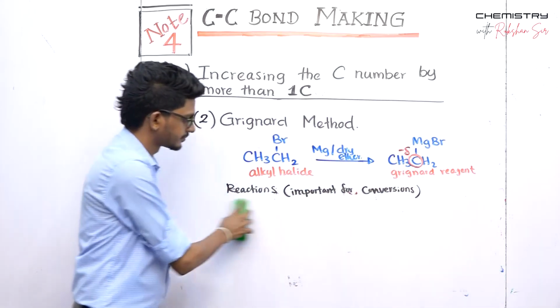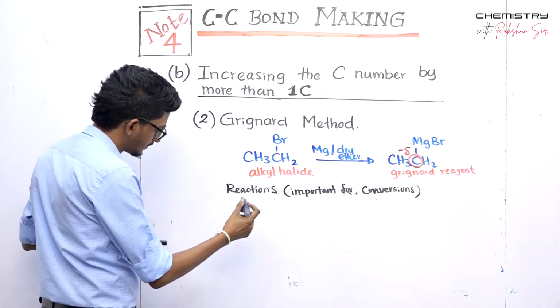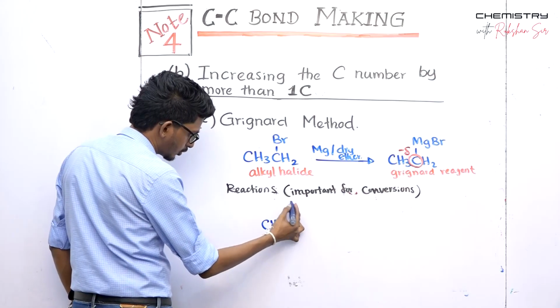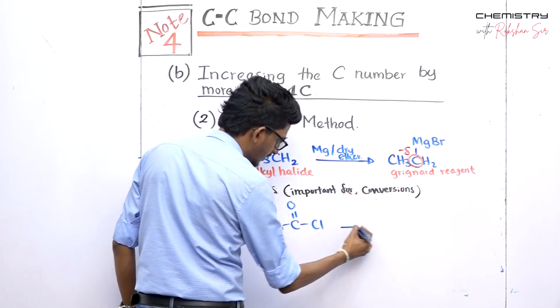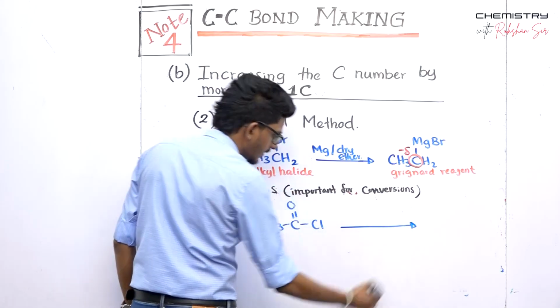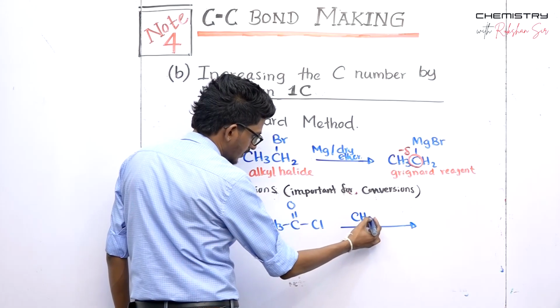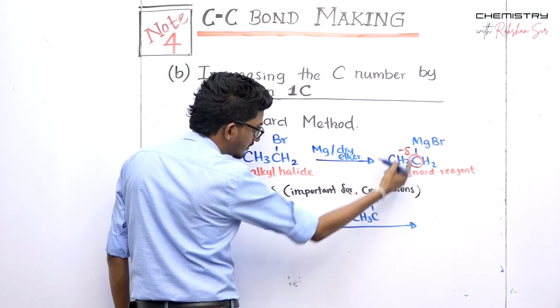Say you are with an acid chloride. Acid chlorides also have those positive carbons, with Cl. Let's take a Grignard, CH3, the earlier Grignard, the one we had made.